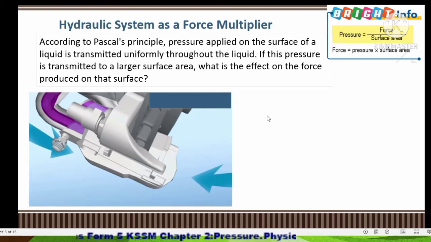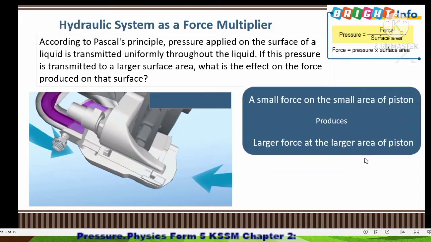This also explains that the output force when using a hydraulic system is greater as compared to the input force. That's why we call it force multiplier. So a small force on a small area of piston produces a larger force at a larger area of piston. So this is the hydraulic system.